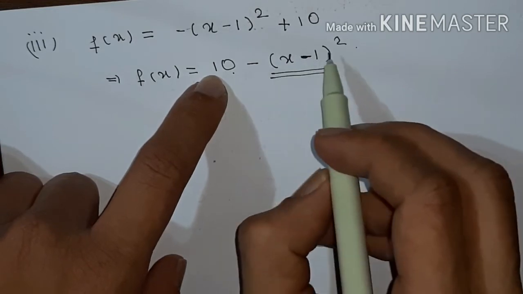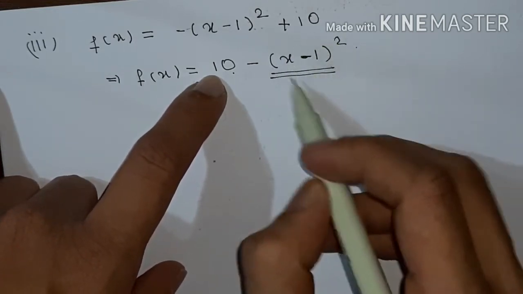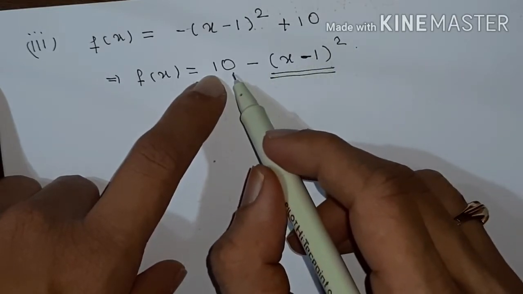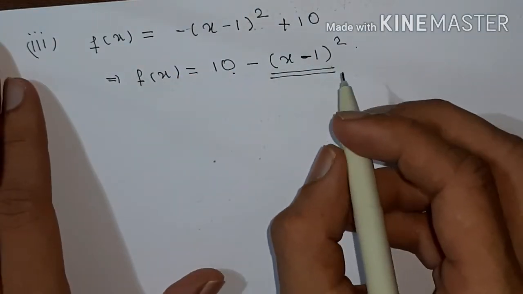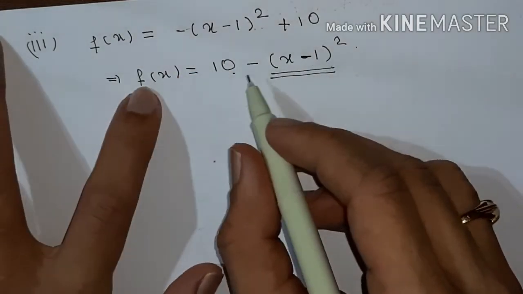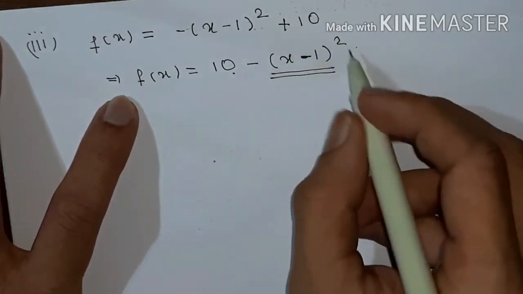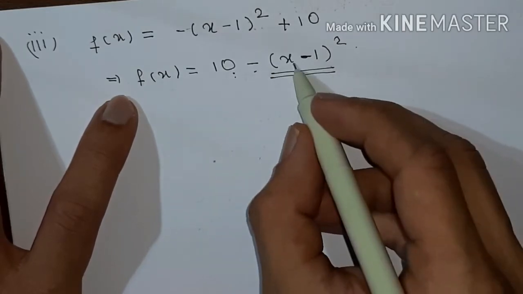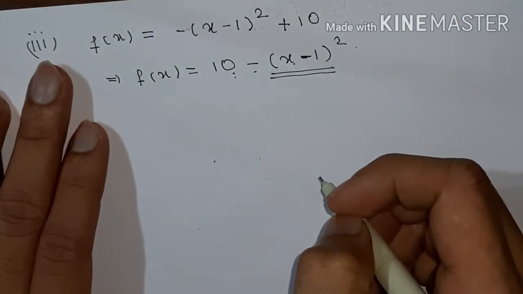If you take any non-zero value here, you get values which are always less than 10. So this function will be maximum when this becomes 0. You will get 10 minus 0, which is 10, and that is the maximum value.